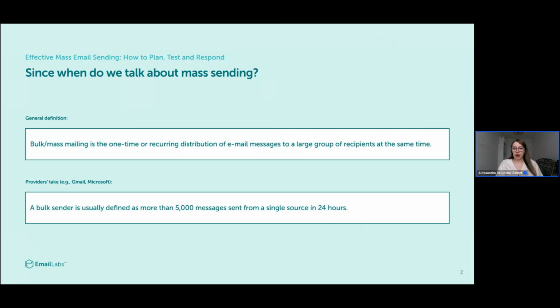But according to email providers such as Gmail, Yahoo or Microsoft, a bulk sender, a mass sender, is a sender who sends more than 5,000 messages in a 24-hour period. And a mass sender must adhere to their new rules since last year about mass email sending.